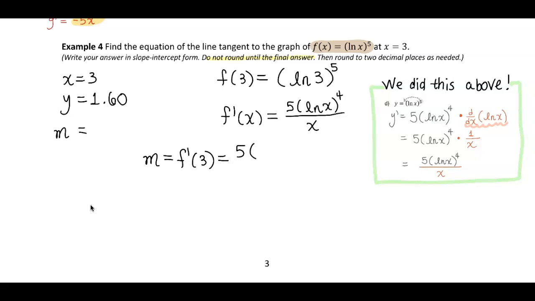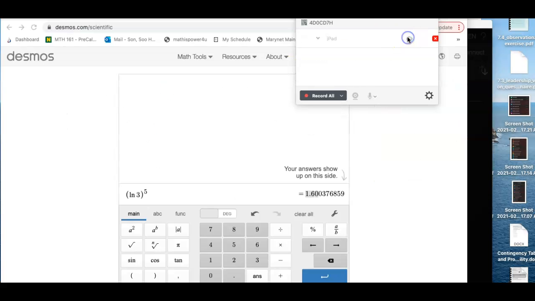That will be 5 times natural log of 3 raised to the 4th power, and that is going to get divided by the x value of 3 again. So let's get the approximate decimal. They wanted us to round this to 2 decimal places. So let me hide my iPad screen real quick.